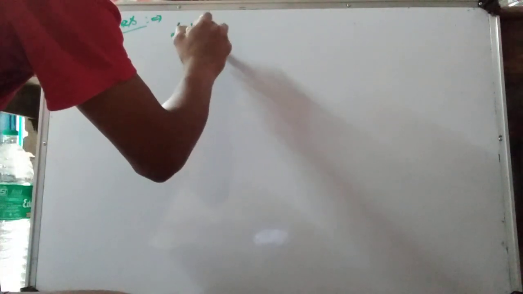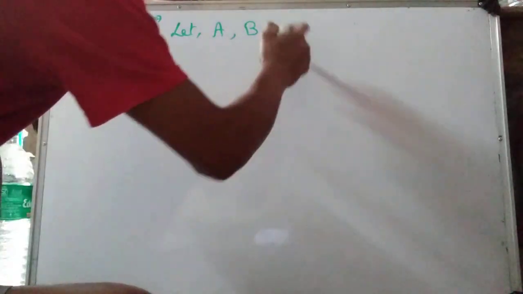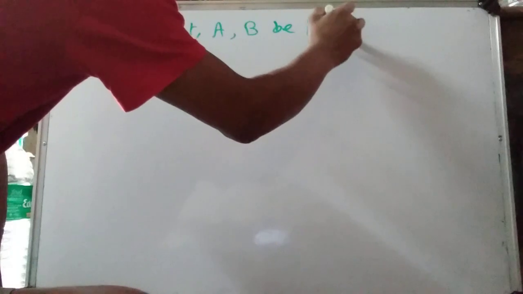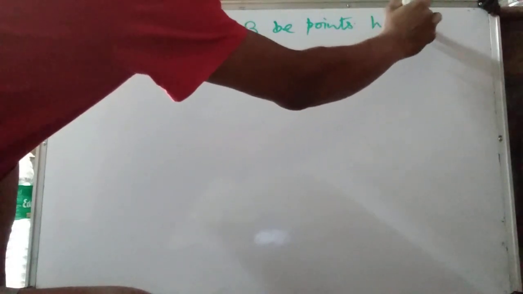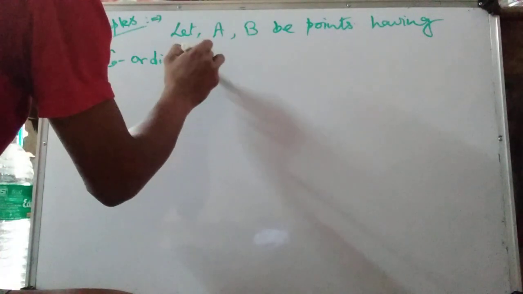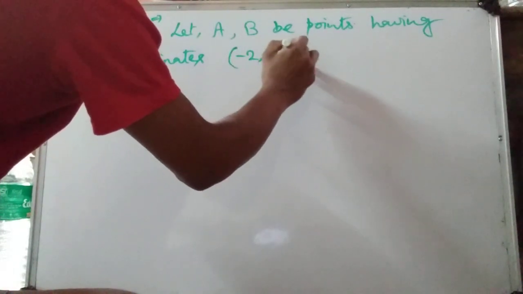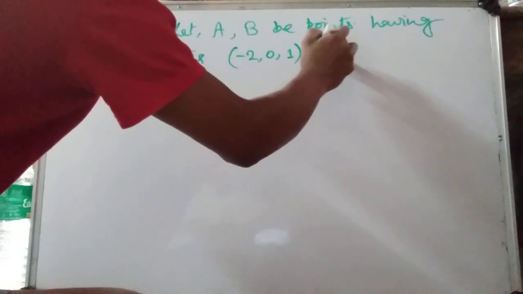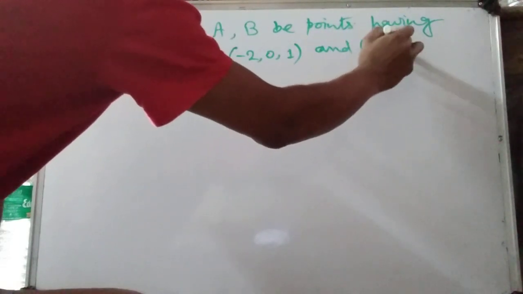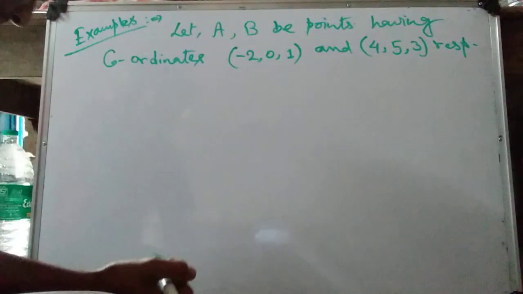So what we write: let A and B be points having coordinates (-2, 0, 1) and (4, 5, 3) respectively.